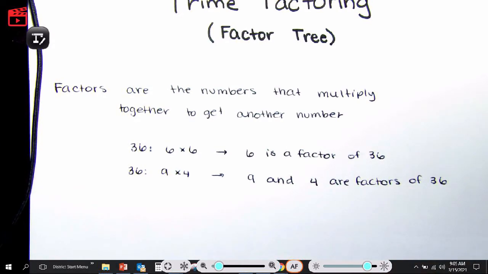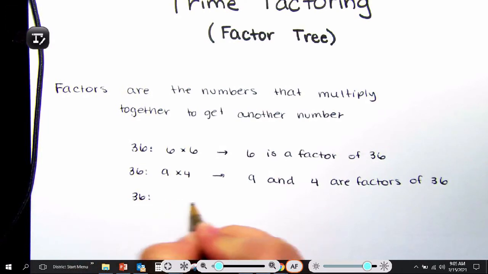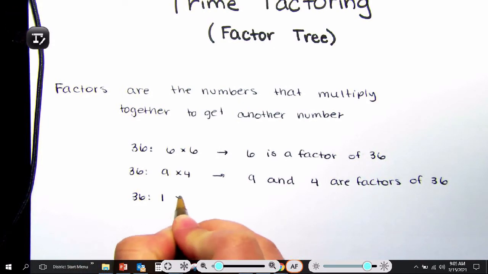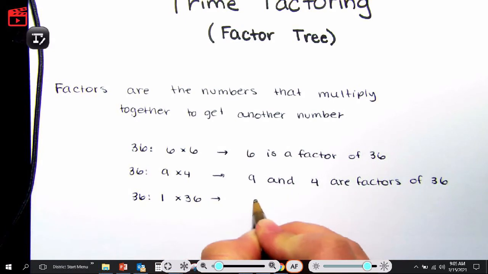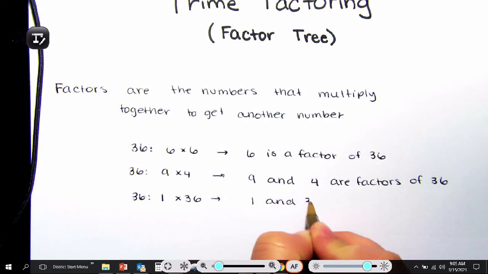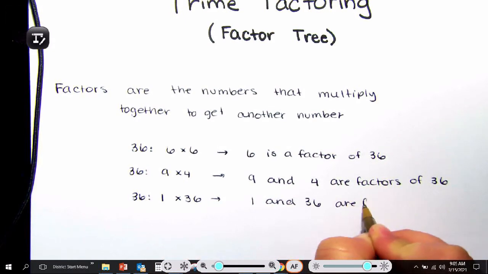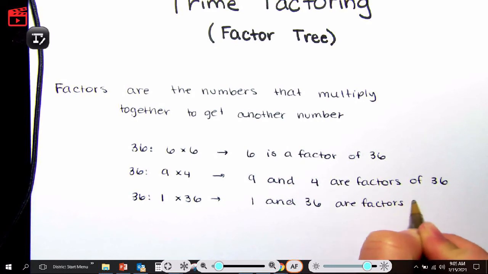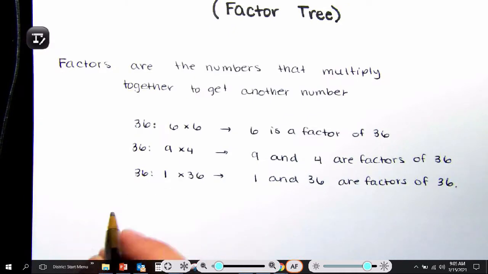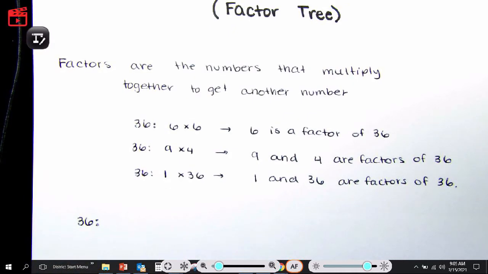Now, we can continue doing this until we run out of numbers. For example, I also know that 36 is 1 times 36. So that means 1 and 36 are factors of 36.